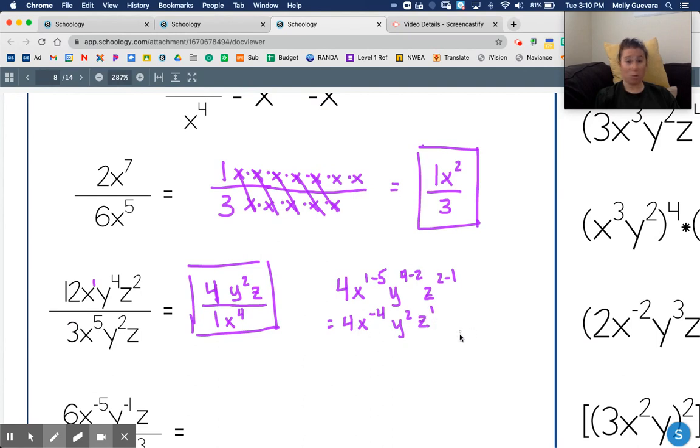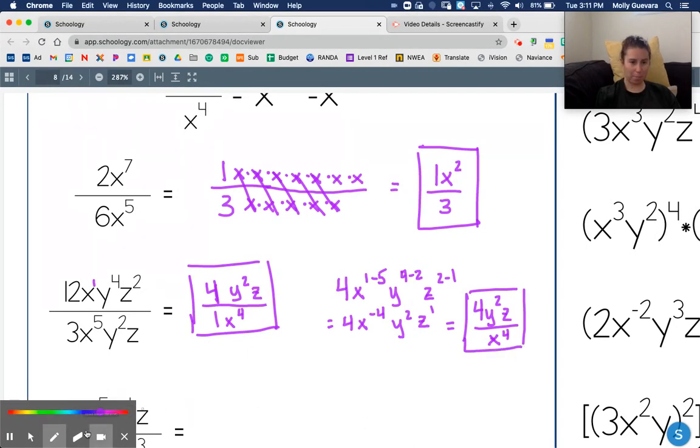I have a negative 4. Can't have it, so I have to move it to the bottom. So on the top, I'm left with 4y squared z. And on the bottom, I'm left with x to the 4th, and now the 4 is positive. So notice you get the same answer either way. So whichever way you like is perfect by me.